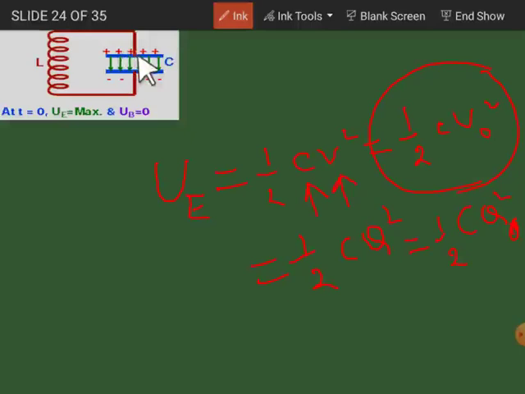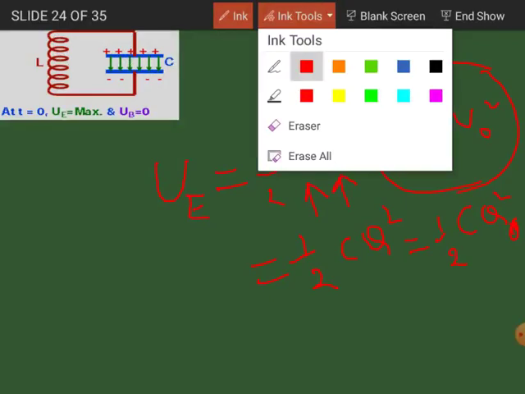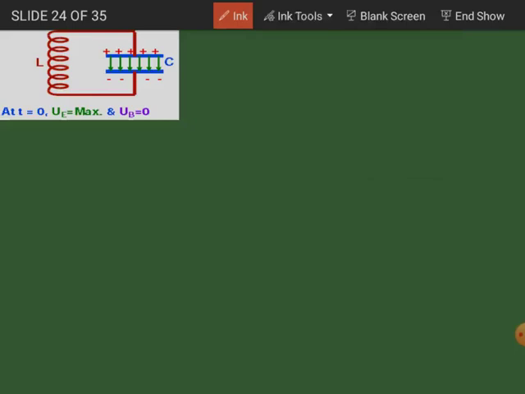Got it? Similarly, when this charge is discharging through the inductor, what happens? The inductor will increase its magnetic field. The energy stored in the inductor can be related in a similar way. Before going further, let me tell you about this, then it will be better.